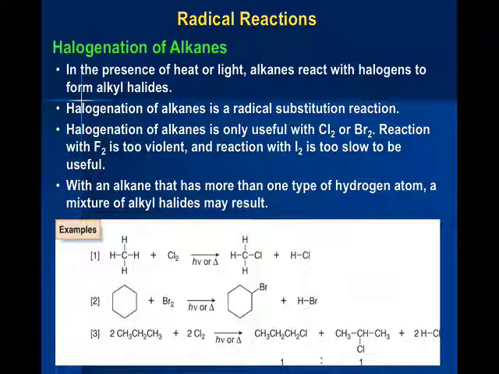How many secondaries? 2. So that's a ratio of what? 3-to-1. That tells me that if I'm thinking about this just randomly, that chlorine radical should have 3 times the opportunity to react with a primary hydrogen than a secondary hydrogen. And if I was doing that kind of math, I would predict a 3-to-1 ratio. But I'm seeing a 1-to-1 ratio, so what is that telling me?